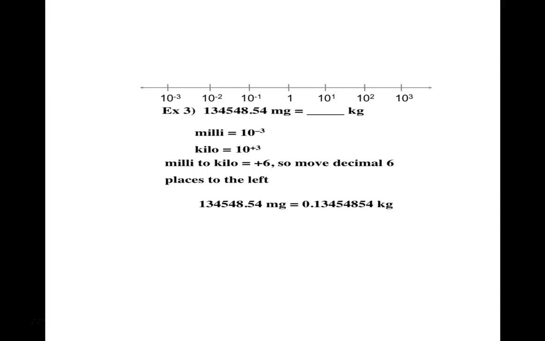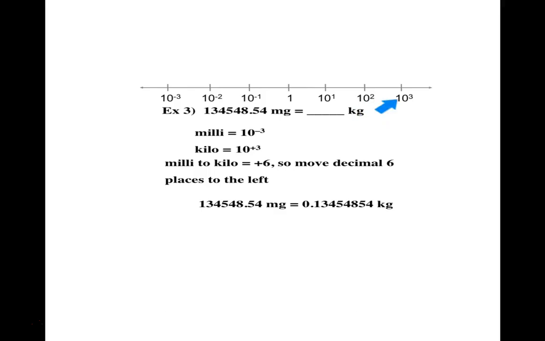Now for one more example, where we've done distance, we have done volume, we can also do mass, which here if we had 134,548.54 mgs, which is milligrams, if converted into kg, which represents, no, not Kevin Garnett, but kilograms, you would take the milli, which is here to the 10 to the negative third, representing the thousandth, and converting that to kilo, which is 10 to the third, which is the thousands.